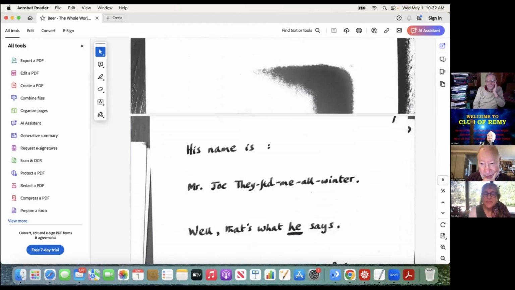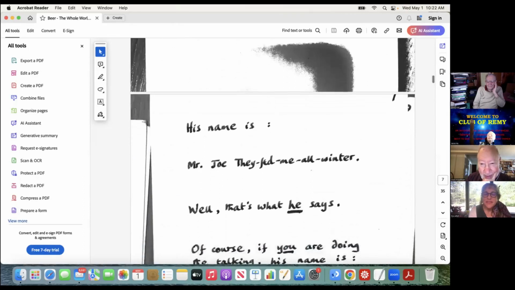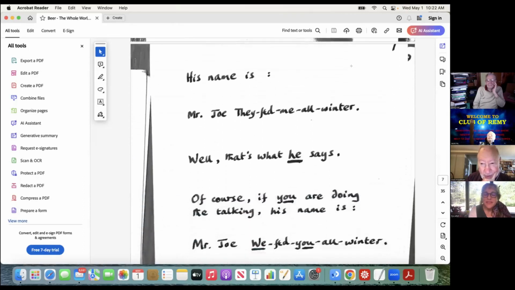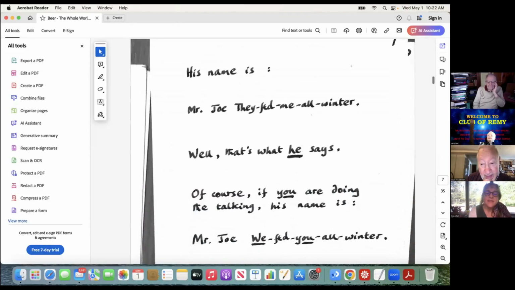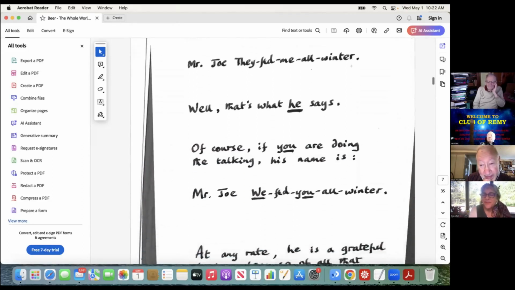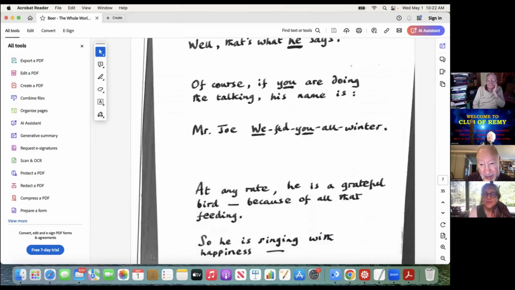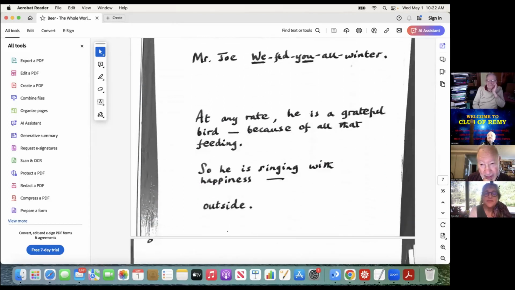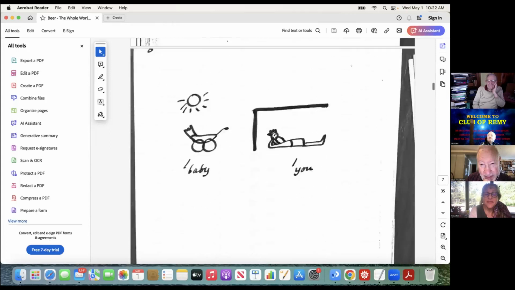His name is Mr. Joe, they fed me all winter. Well, that's what he says. Of course, if you are doing the talking, his name is Mr. Joe, we fed you all winter. At any rate, he is a grateful bird because of all that feeding, and so he's singing with happiness outside.